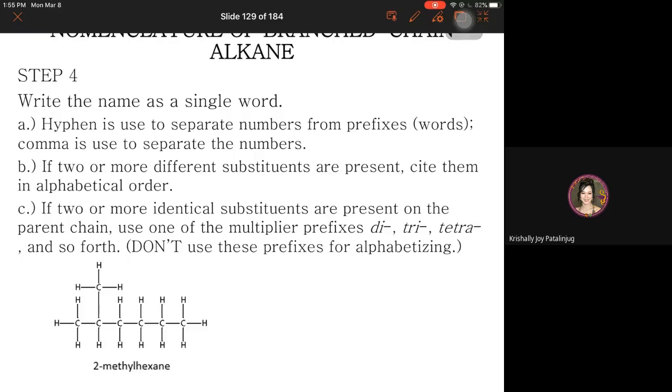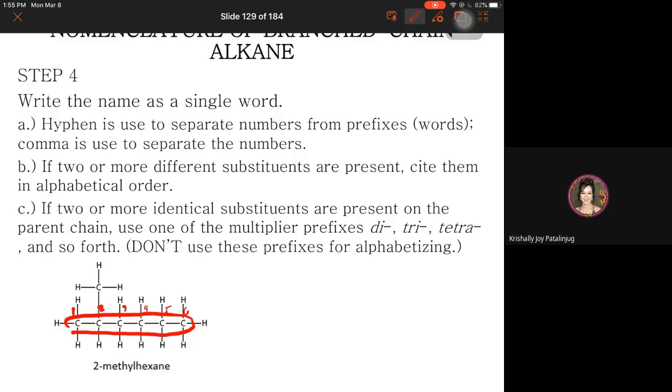Okay? So, 2-methyl hexane. So, simply identify, you simply follow the steps. Di ba? Finding the parent, numbering the carbon atoms in the chain.